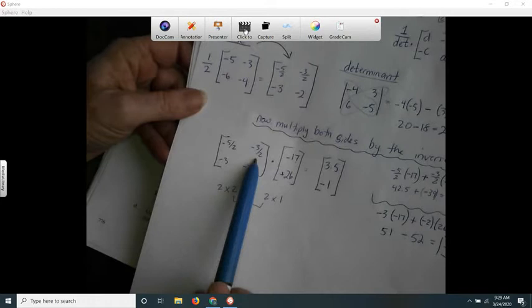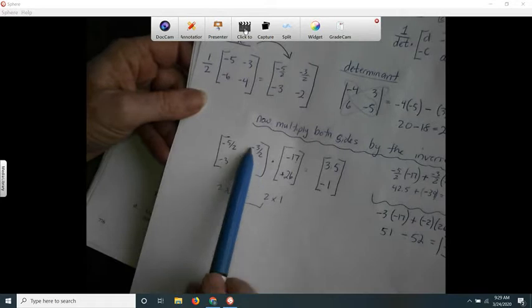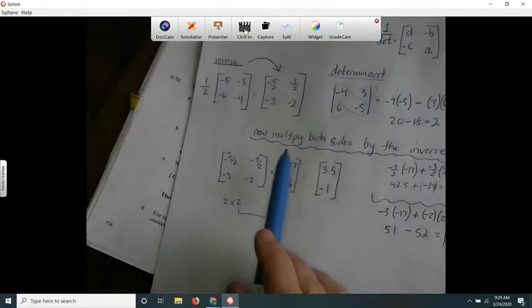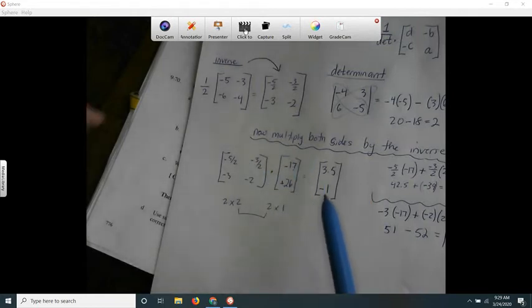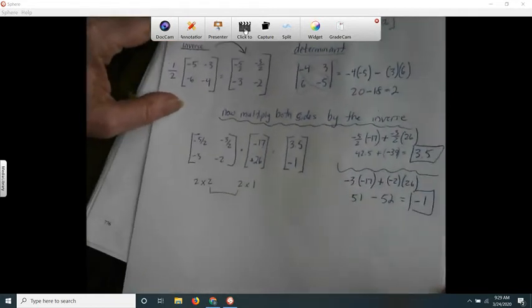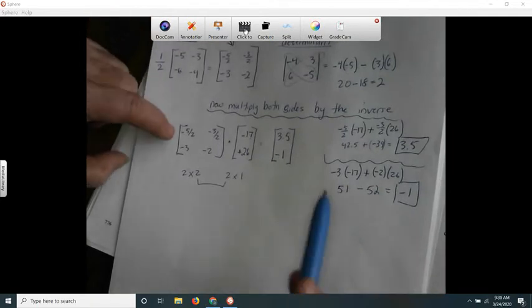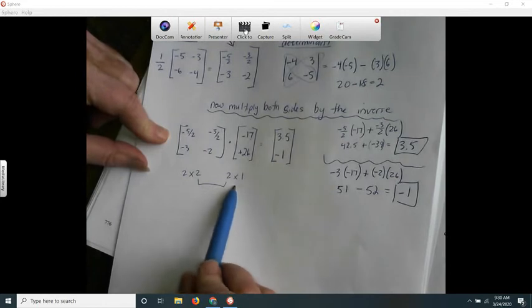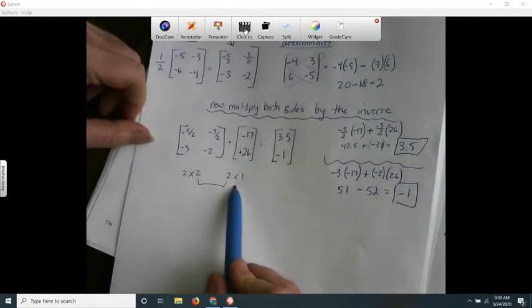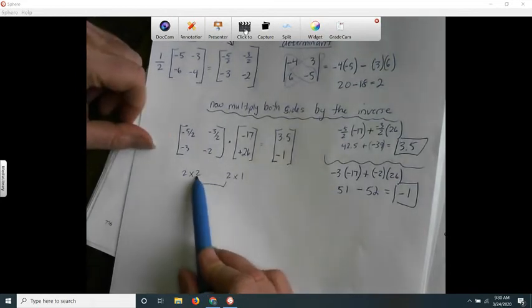So now, when I multiply, if you remember how to multiply, I have a 2 by 2 and a 2 by 1. Since these match, I'm allowed to multiply, and I'm going to come out with a 2 by 1. I don't know this yet. I've already done the problem, but we'll pretend I don't.